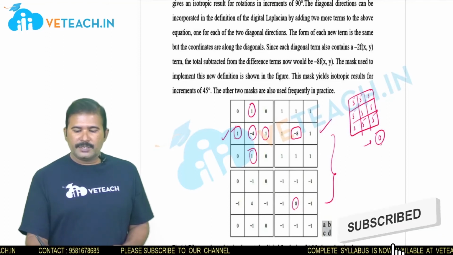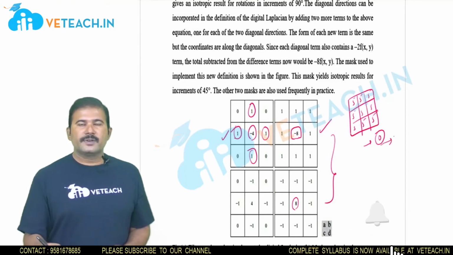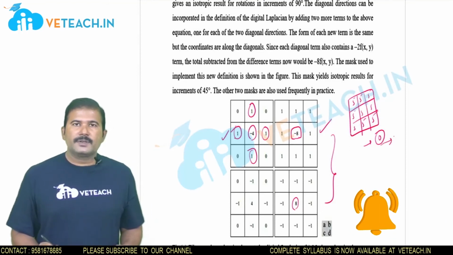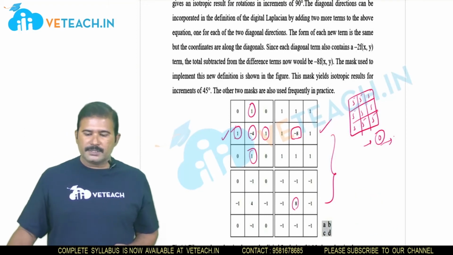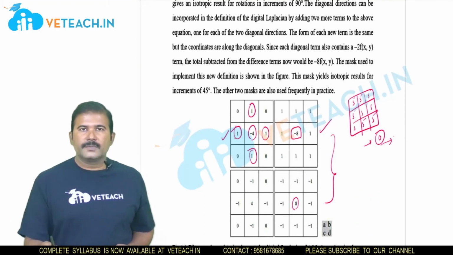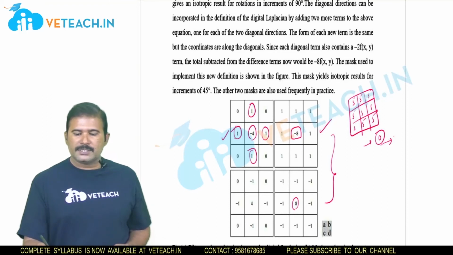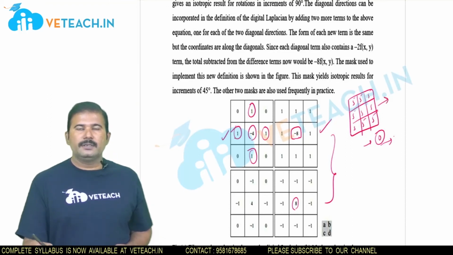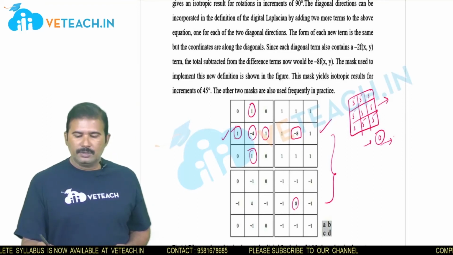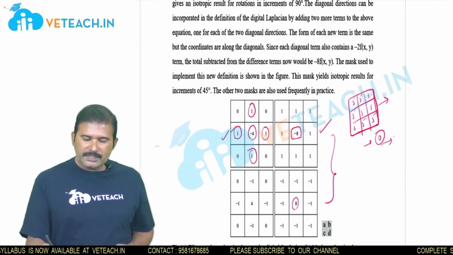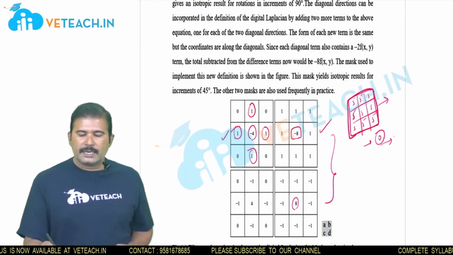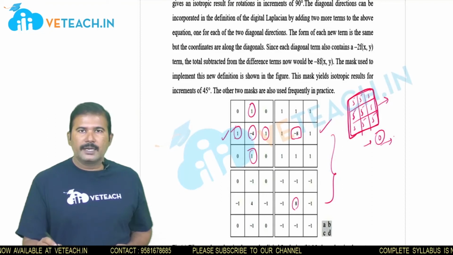So it results in a 0 value, which satisfies the first property of first order and second order derivatives. That means if a first order or second order derivative filter is applied in a constant gray level region, its value should be 0. A constant gray level region means there are no highlighted portions; all pixels have equal gray level values.